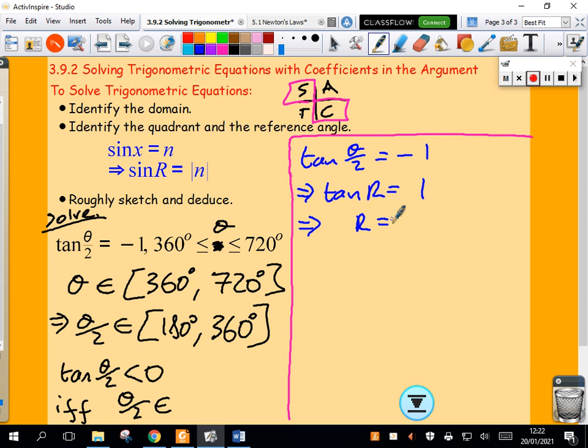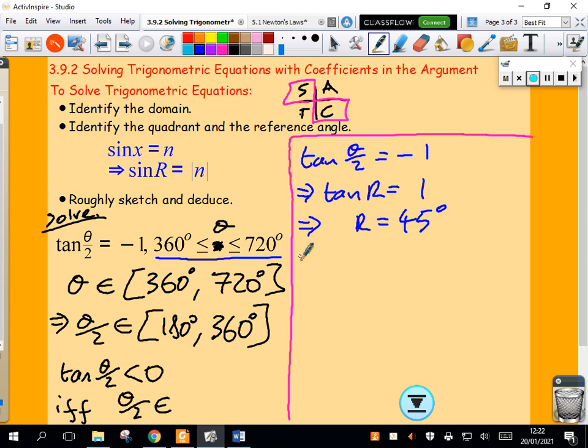If you don't, you just type in tan inverse of 1, hit equals, and it's pi over 4. Make sure you're in degree mode, it's not pi over 4. It's 45 degrees. Dealing with degrees, of course, because the domain is given in degrees.